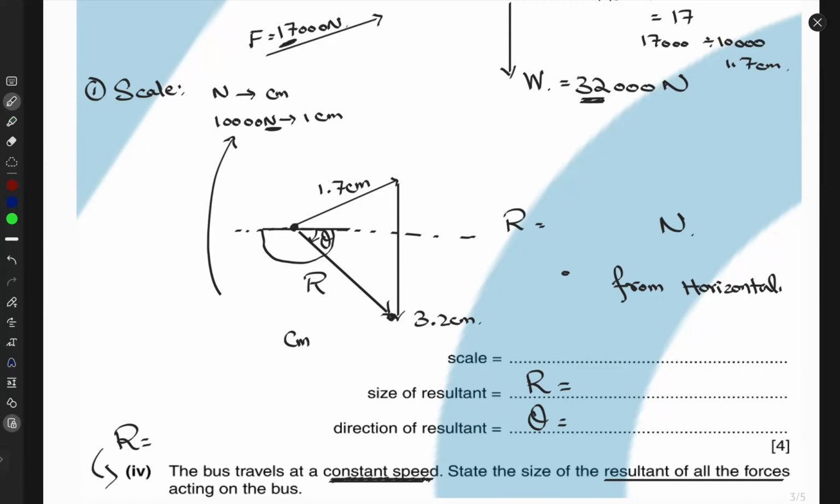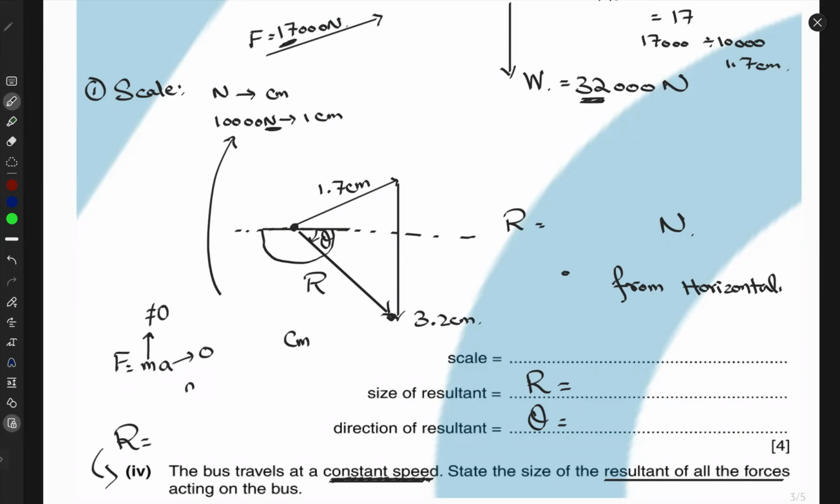So when there is no force acting on something, then the speed remains constant, because force is mass times acceleration, and obviously the mass of the bus cannot be 0, right? It has a mass. So acceleration is 0, because of that the force is 0.